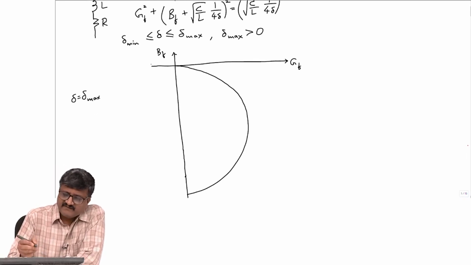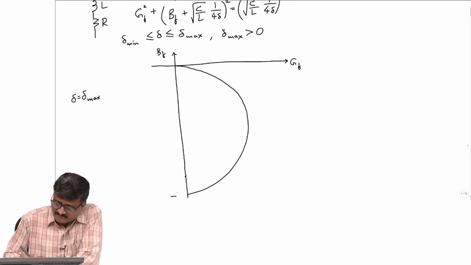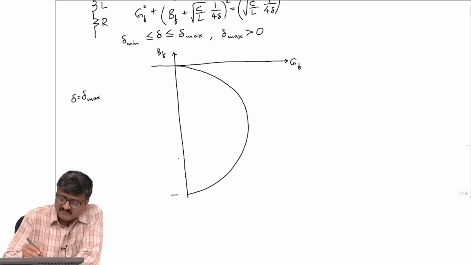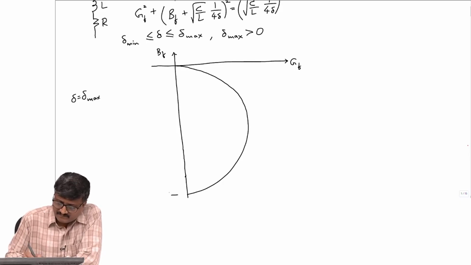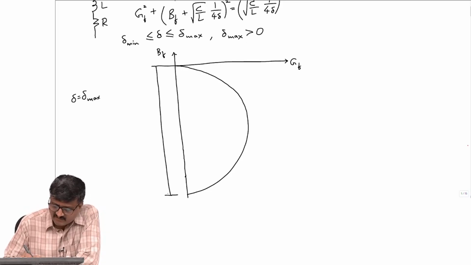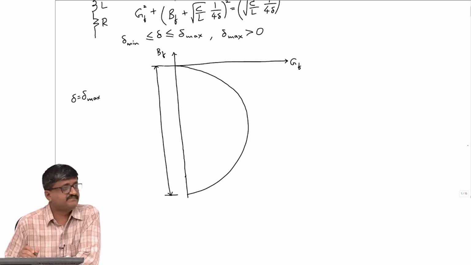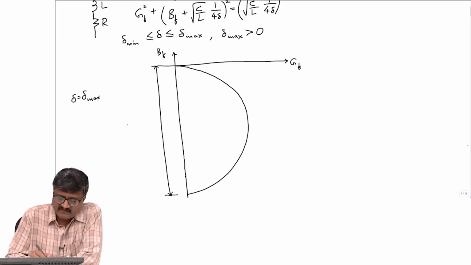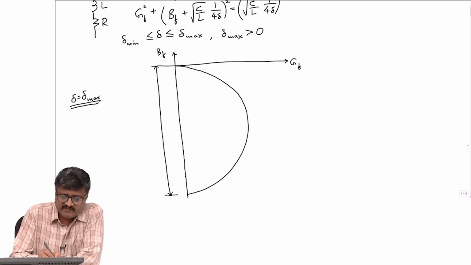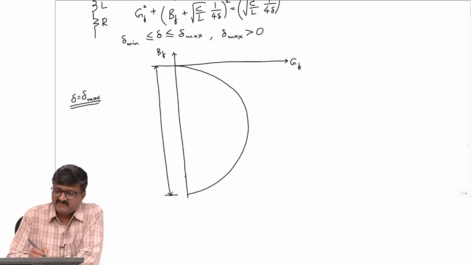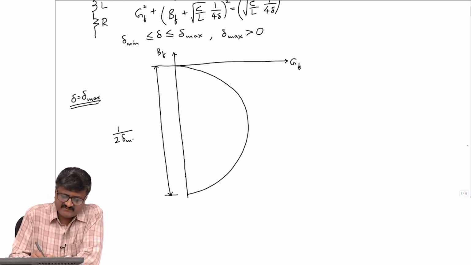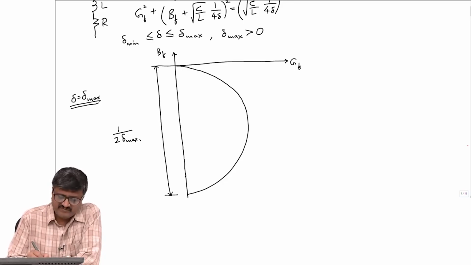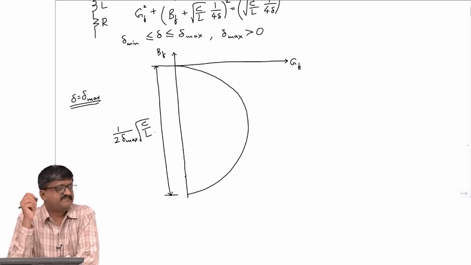So, if I take this length, this length is the diameter of the circle. Please note I am trying to consider one particular value of delta, which is delta max. So, this is 1 by 2 delta max under root C by L. So, this is the diameter.